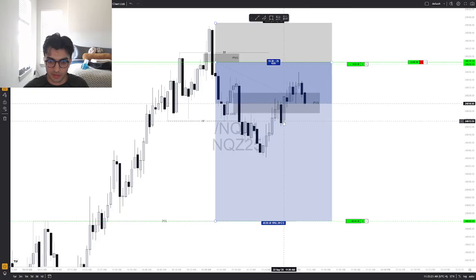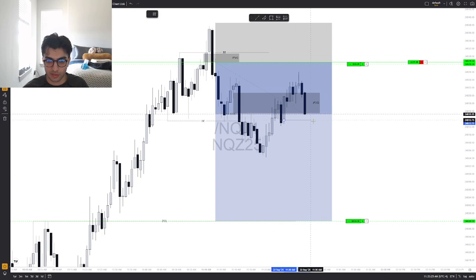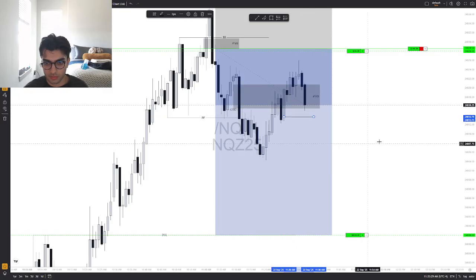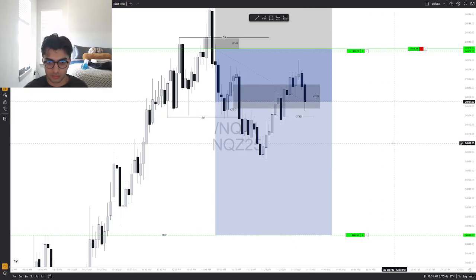So it's got that dump here and then a series of up close candles. So the CISD would be here. Mark that out for you guys. So closure outside of it would be really nice.